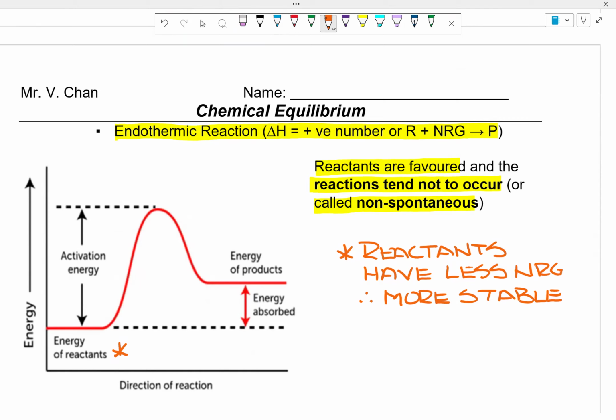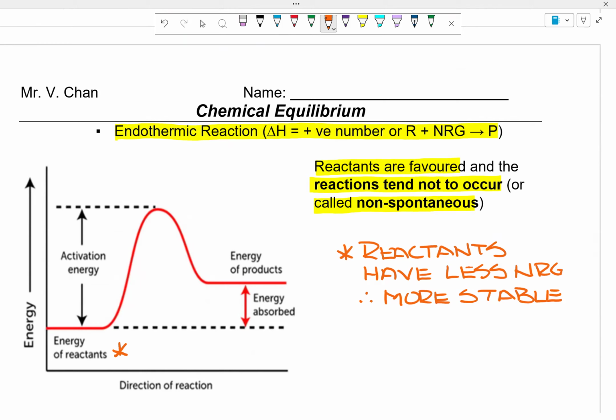Again, if we use the egg rolling off the table, that is a spontaneous reaction. Picking an egg up off the floor and putting it on the table, because you're going from a state of low energy to a state of high energy, is considered non-spontaneous. An egg will not naturally jump from the floor to the table.